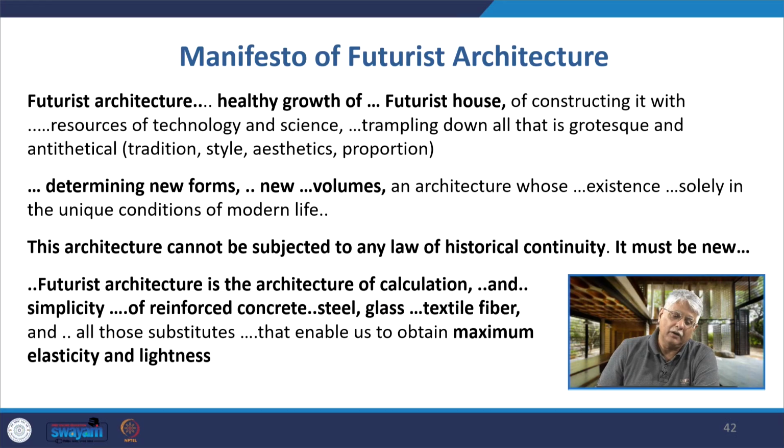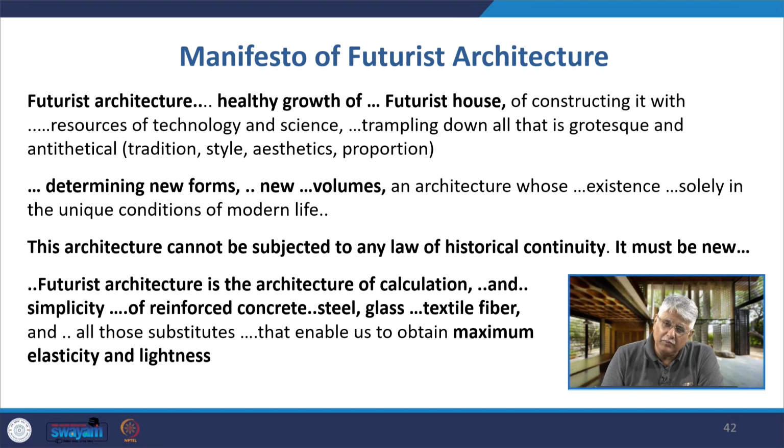Again coming back to the manifesto of futurist architecture, he said: futurist architecture, healthy growth of the futurist house, constructing it with resources of technology and science, trampling down all that is grotesque and antithetical like tradition, style, aesthetics and proportion of the past, determining new forms, new volumes, an architecture whose existence is solely the unique condition of the modern life, an architecture that cannot be subjected to any law of historical continuity.